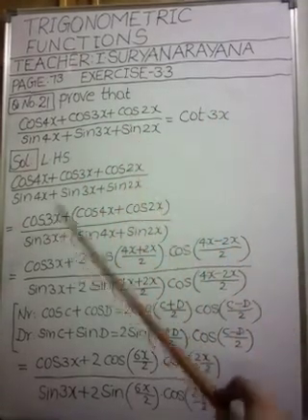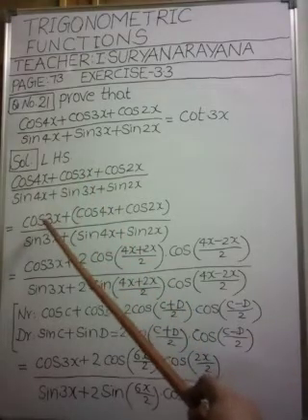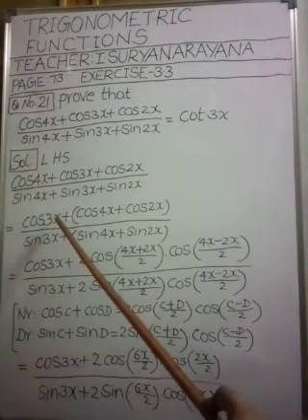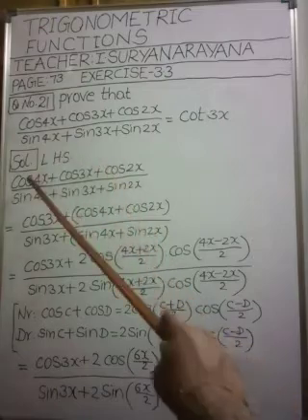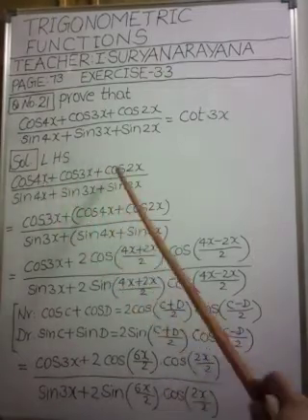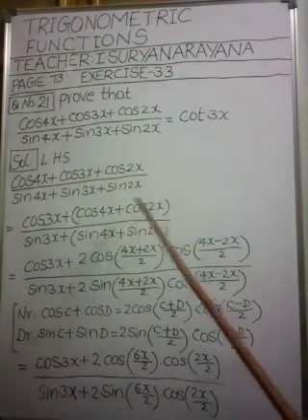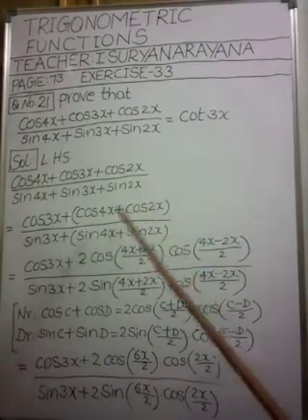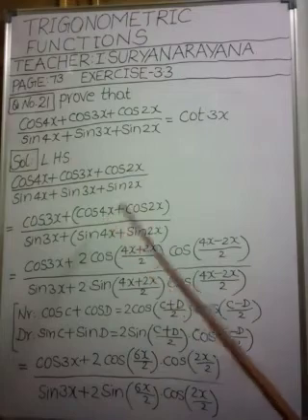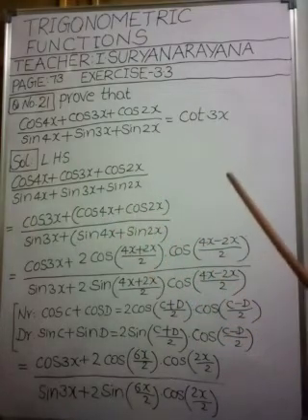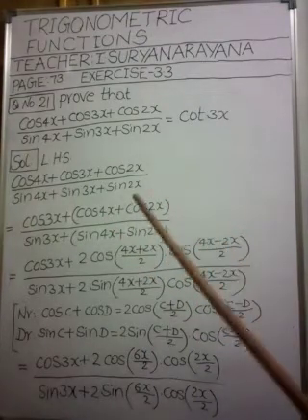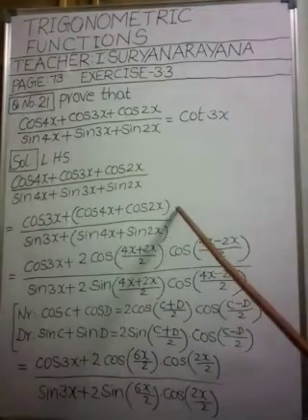So in the numerator I am writing cos 3x separately, plus we are grouping these two terms, pairing cos 4x plus cos 2x in brackets as one group. Understood this numerator part, my children?